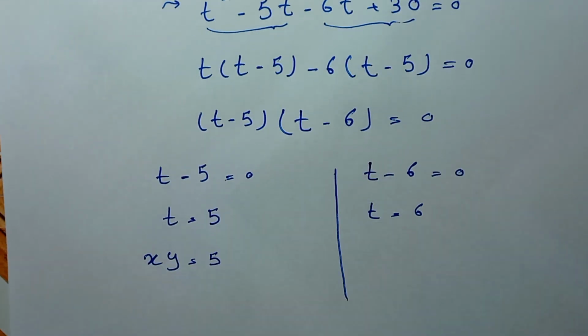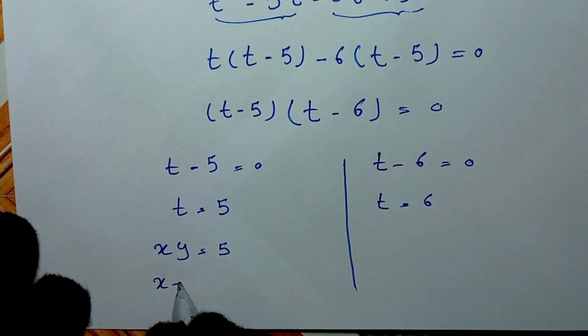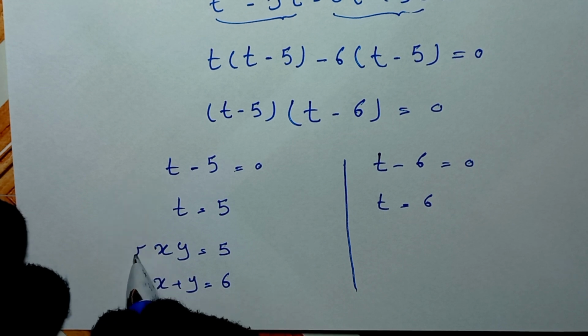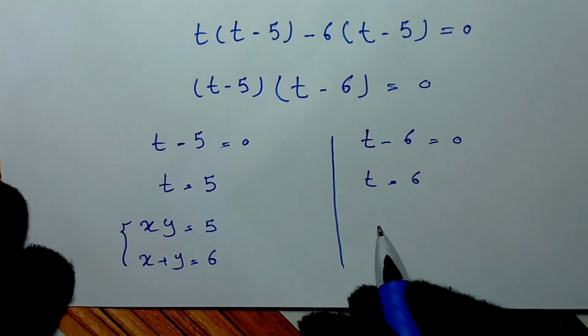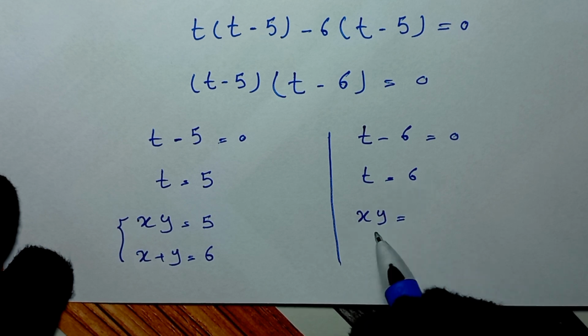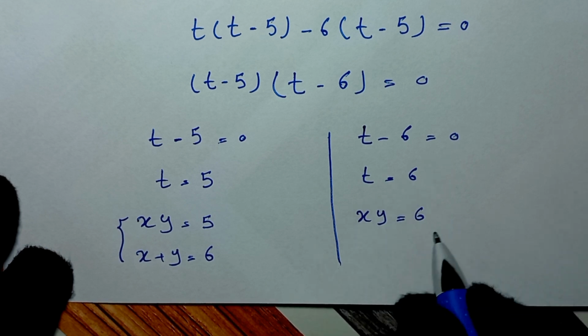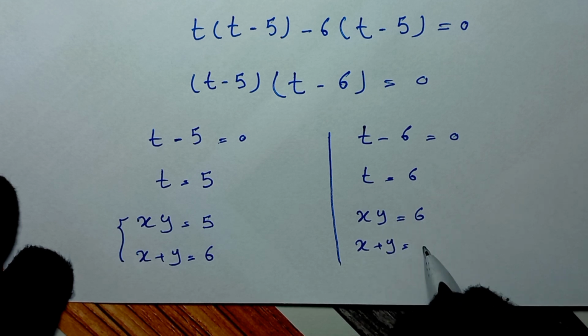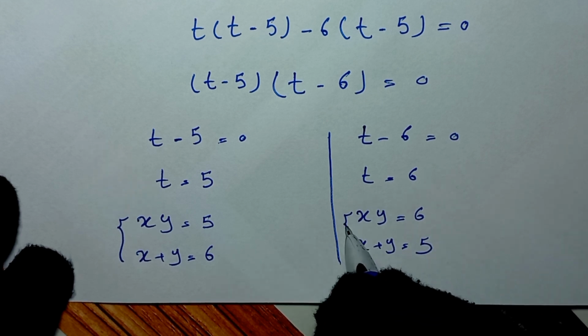So we write x plus y is equal to 11 minus xy, and xy is 5, so 11 minus 5, it will be 6, right? And in here, xy is equal to 6, and x plus y is 11 minus xy, and 11 minus 6, it will be 5, right?